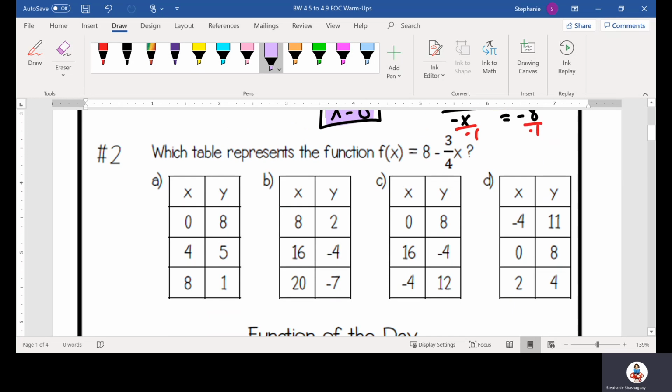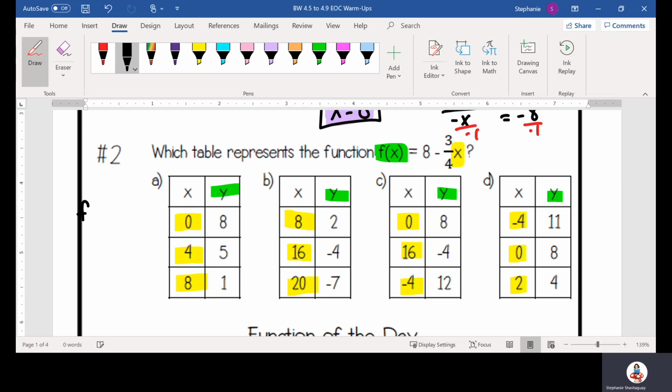So question number 2, it says, which table represents the function f of x equals 8 minus 3/4 x? So any place I have an x, I'm now going to replace with these x values and see which ones are giving me the correct y values. Remember, f of x is the same thing as y. So all I need to do is plug in these values and evaluate the function for these given inputs.